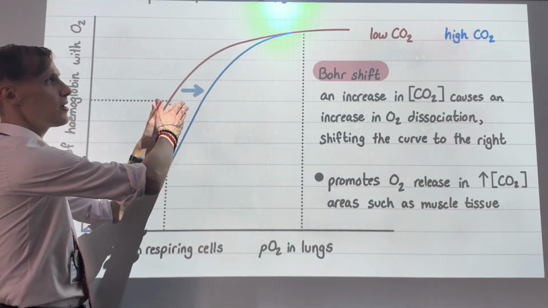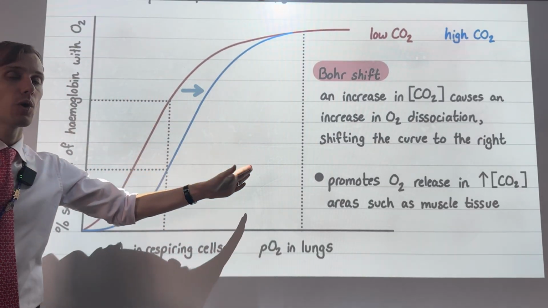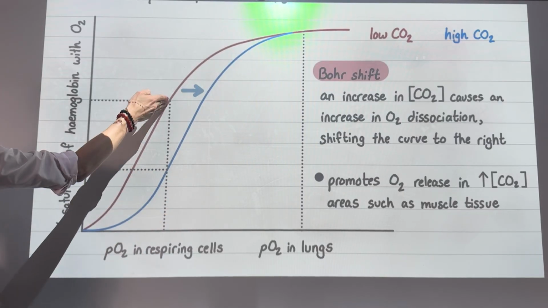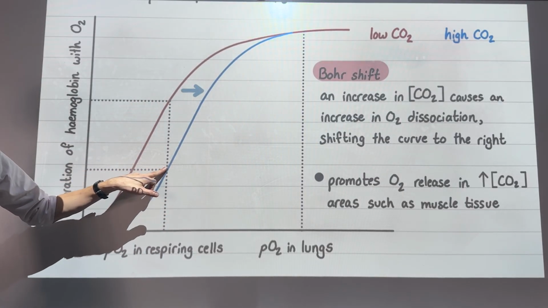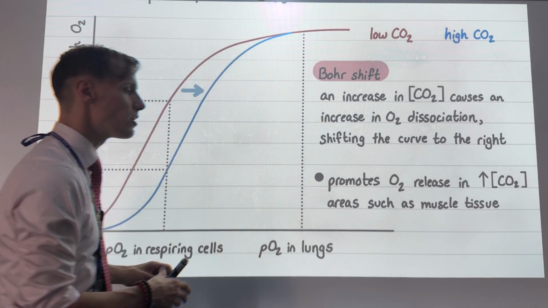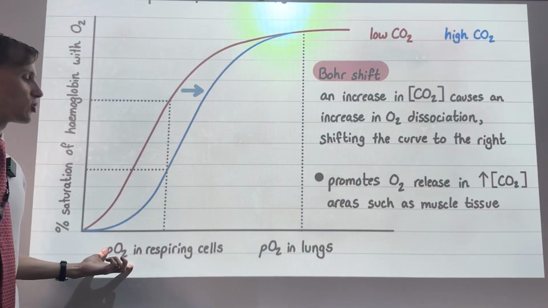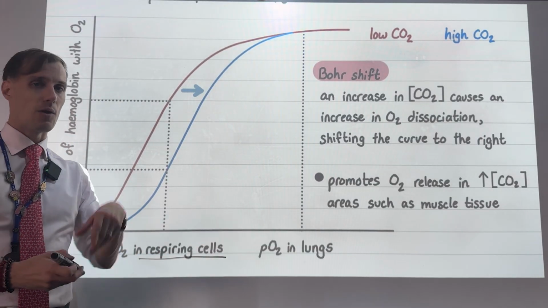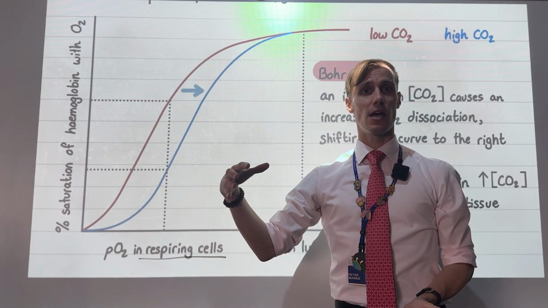Why? Well, in areas of high carbon dioxide, there's going to be a lower affinity for oxygen. So that means at any partial pressure of oxygen, the affinity with high CO2 is going to be less. Now, this is really, really important because where is the partial pressure of oxygen going to be low? In respiring cells. Wherever there's respiring cells, there's going to be a lot of carbon dioxide.